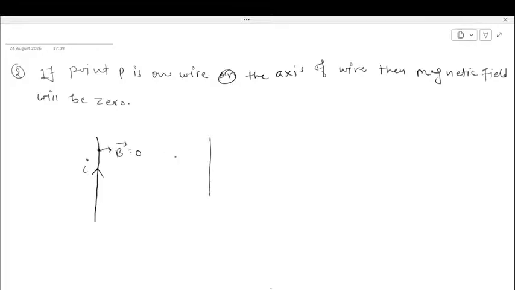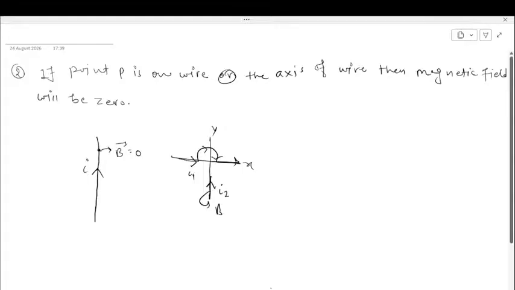If this is the x-axis and this is the y-axis, and the current flows in this wire this way, and there is one more wire, suppose this current is I1 and this current is I2.